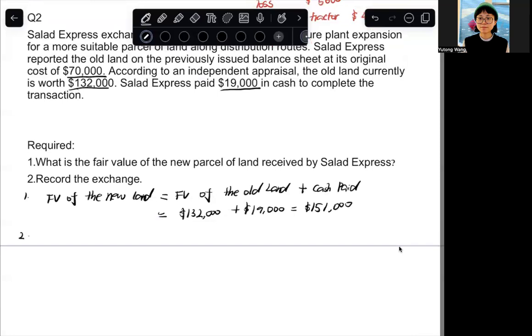The second question is record the exchange. To record the exchange, you should calculate the gain and the loss for this transaction. Gain and loss equal to the fair value of the new land minus transaction cost minus the book value of the old land.